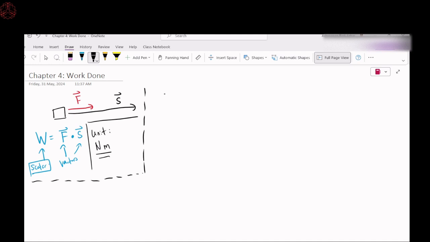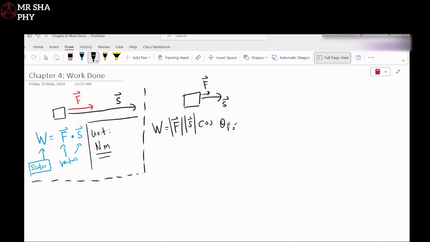Now let me just give you a comparison. Say you have an object traveling in this direction, and the force is also in that direction. The angle between them, so F dot S, is just going to be cosine theta, theta being the angle between force and displacement.